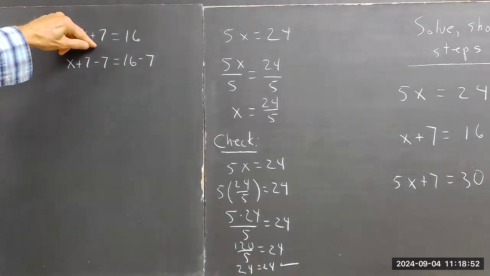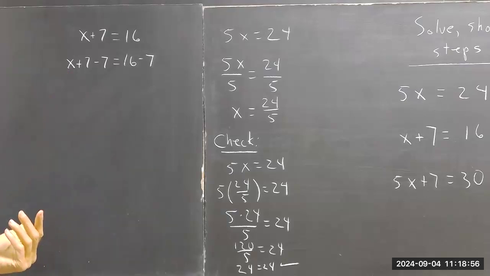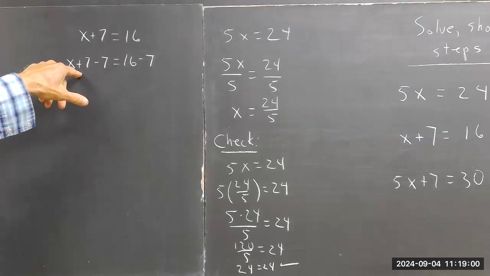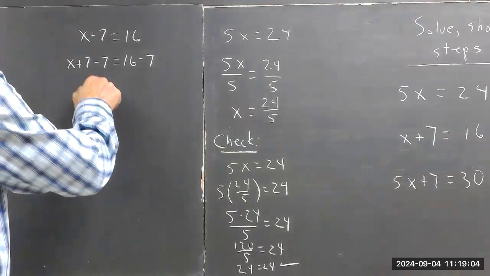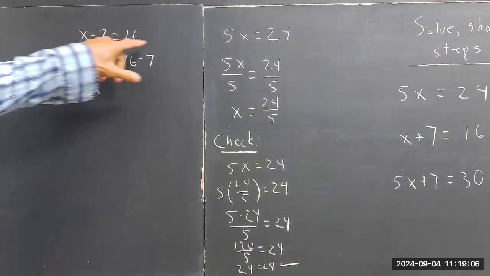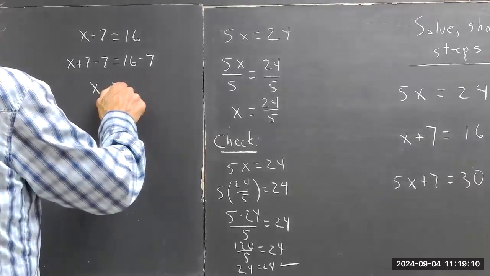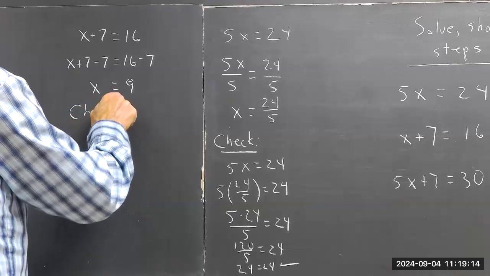If you add 7 to a number and then subtract 7, you get the original number. So subtracting 7 undoes the addition of 7, and you end up with just x. And of course, we have to subtract 7 from both sides. 16 minus 7 is 9. So we're done very quickly.